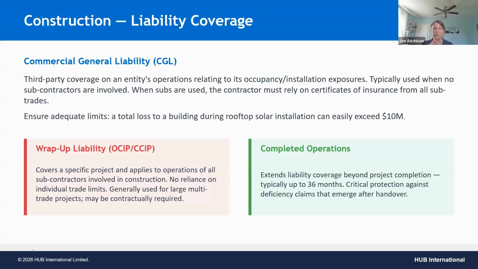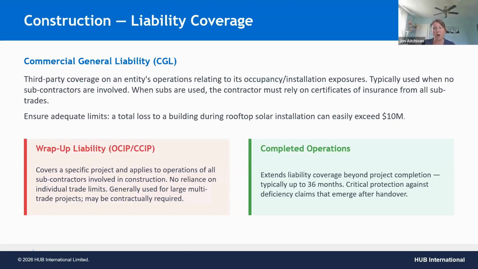It does not include additional coverage for subcontractors, even small subs that are doing things like installing a fence or something. The coverage does not extend to those subcontractors in any way, shape, or form. So if you're using subs and you're not carrying a wrap-up liability policy, you want to make sure you're getting certificates of insurance from all your subcontractors and that your firm is added as additional insured to their liability policy, to cover any vicarious liability you may encounter with your subs.